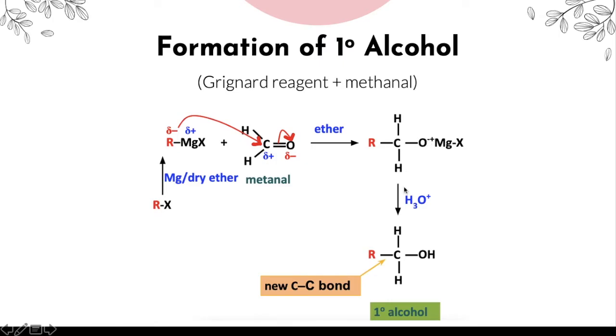And then this compound will react with acidified water to produce alcohol. So this alcohol only has one R group attached to this carbon, so this is primary alcohol.